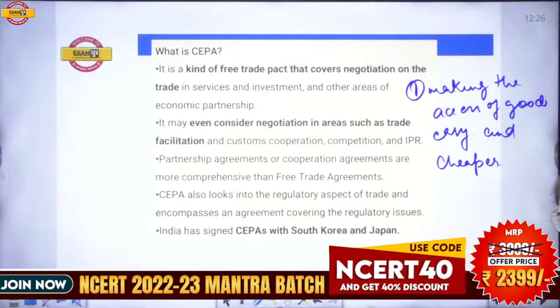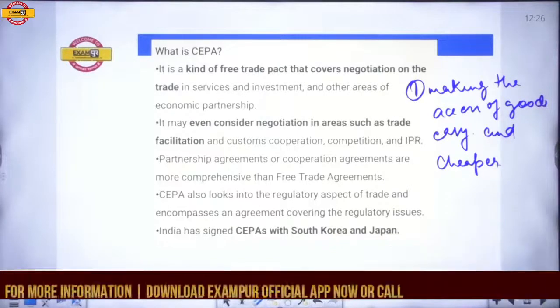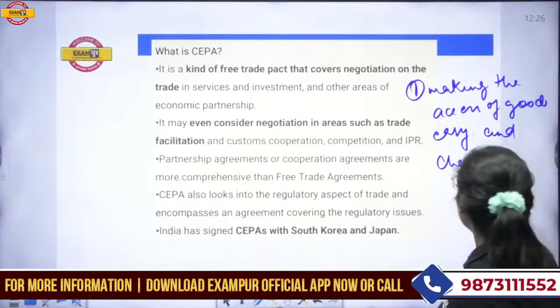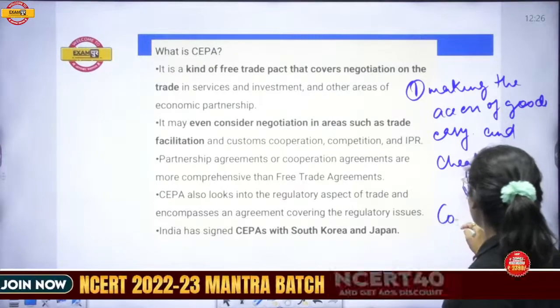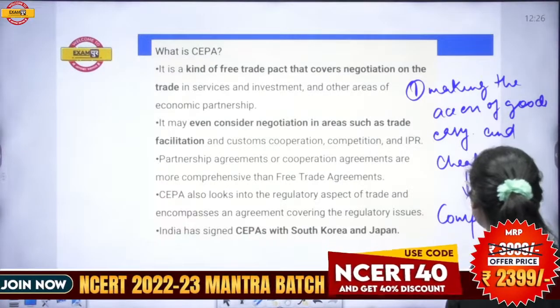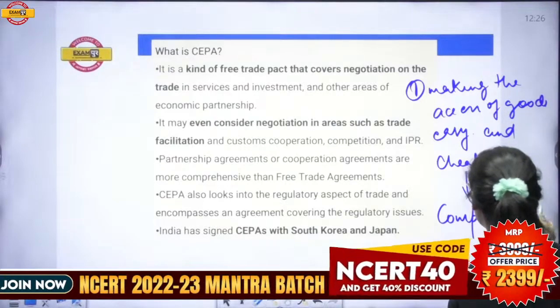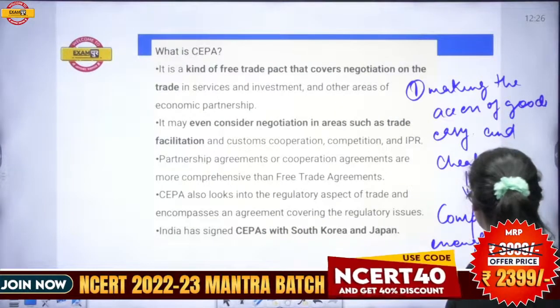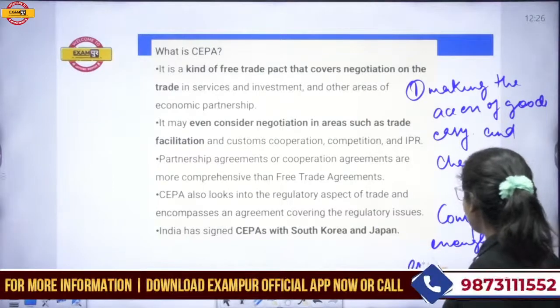Even consider negotiation in areas such as trade facilitation, customs cooperation, competition. If you are making things cheaper, it is definitely going to make you competitive enough, and lead to expansion of the market base.